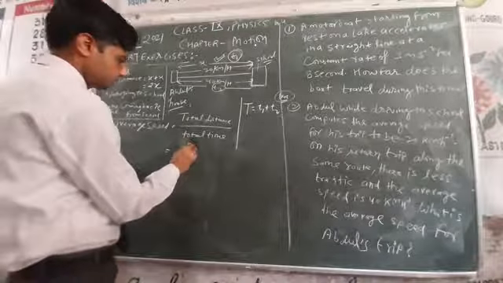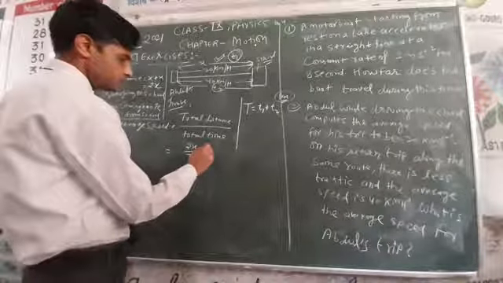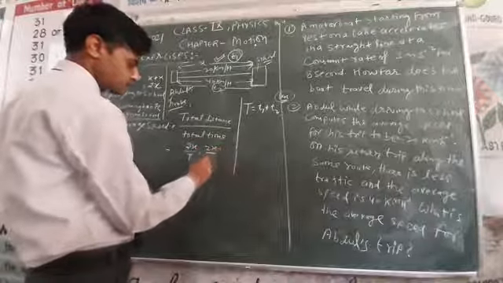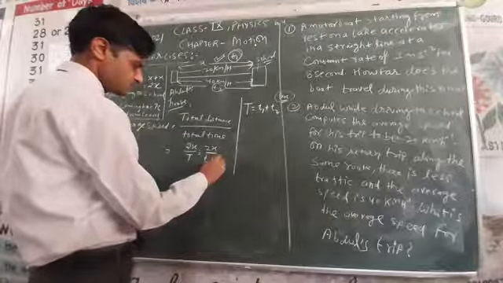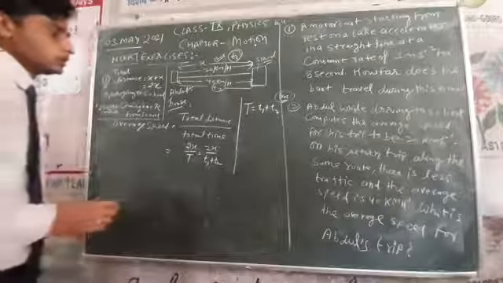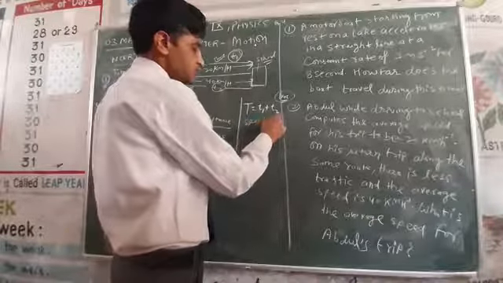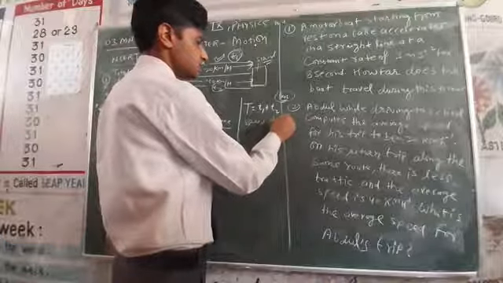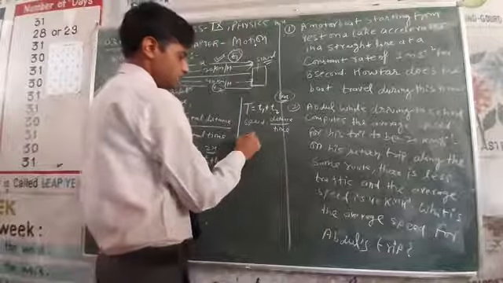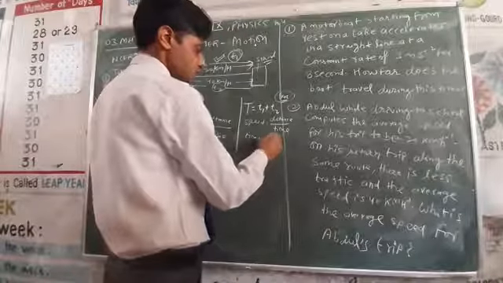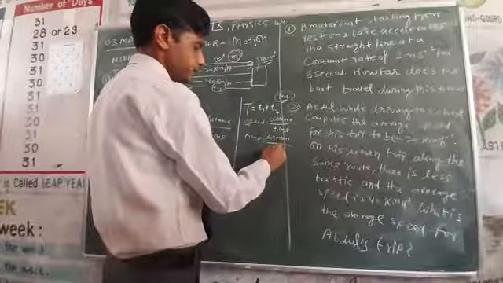So total distance upon total time is 2x upon t, which means 2x upon t1 plus t2. As you know, the formula speed equals distance upon time, so time equals distance upon speed.